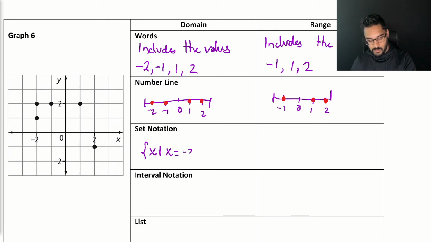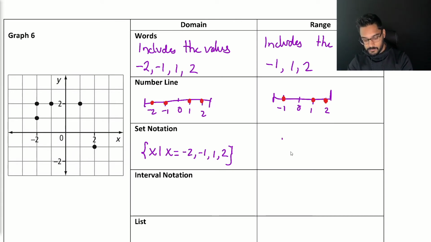So it's only equal to -2, -1, 1, and 2. It can't be any real number. It has to be these specific numbers. It can't be anything else other than that.